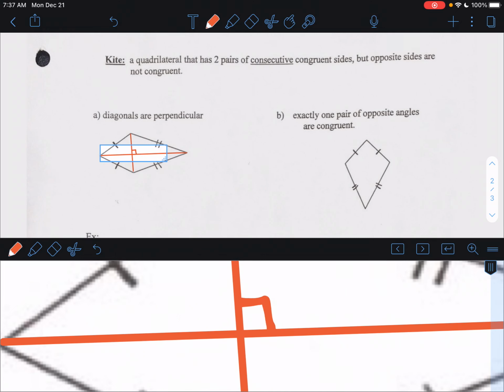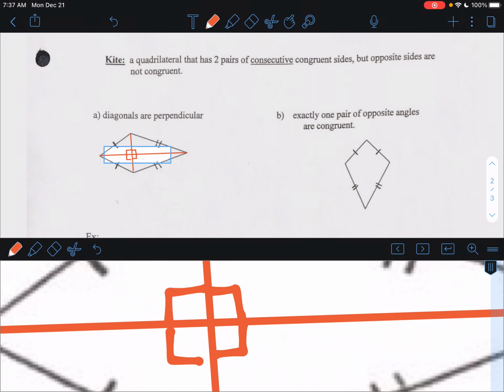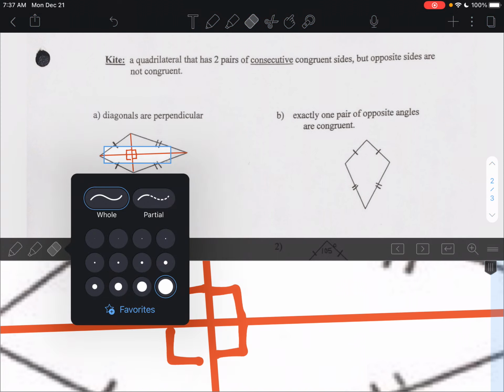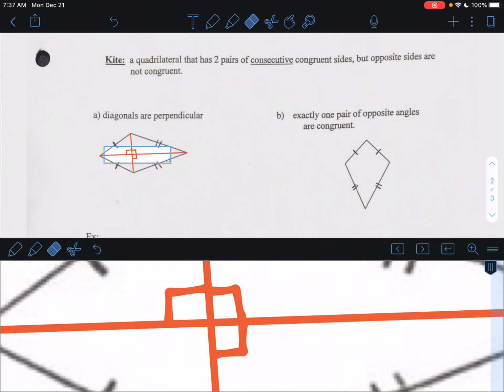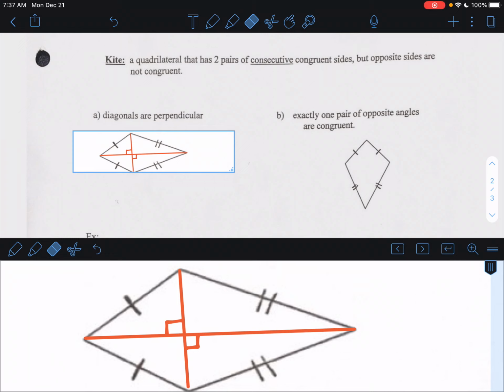Therefore, that's a right angle, and that's a right angle, and that's a right angle, and that's a right angle. Just so it's not super crowded, I'm going to erase a couple of those. So that's going to turn into 4 right triangles, and we are going to be using that property to determine a lot of the things today.